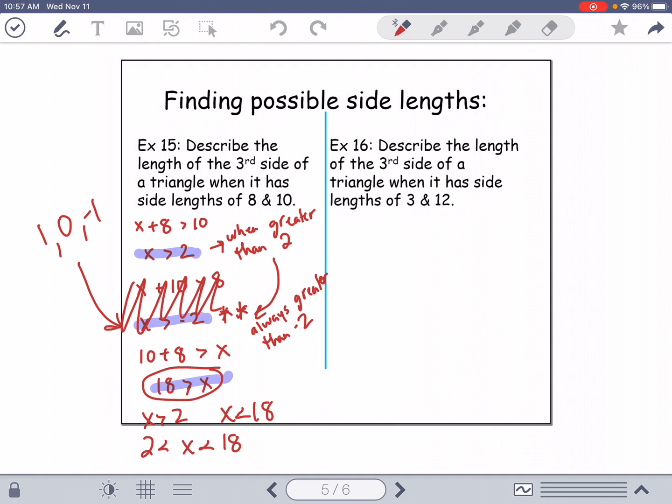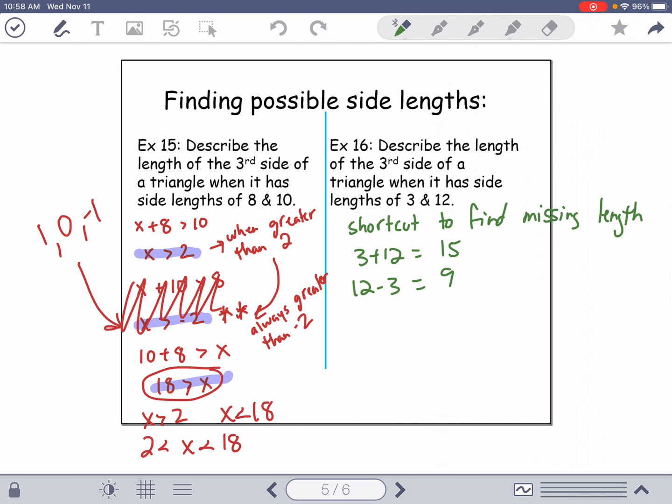Now, the shortcut. Straight to the chase. Shortcut to find the missing link. 3 plus 12 is 15. 12 minus 3 is 9.